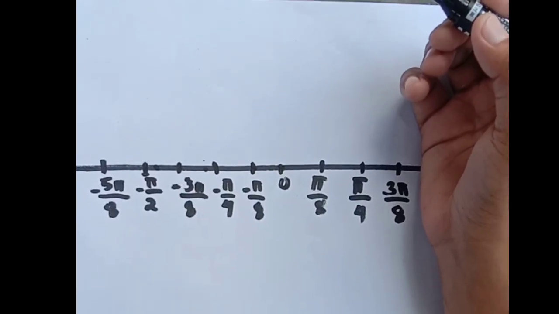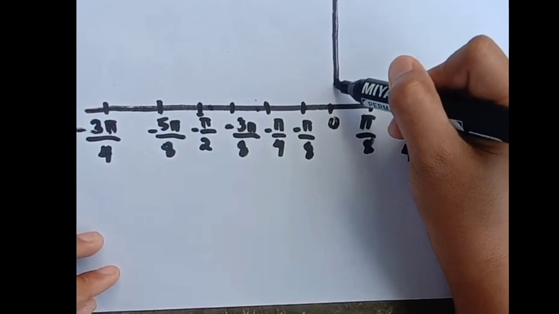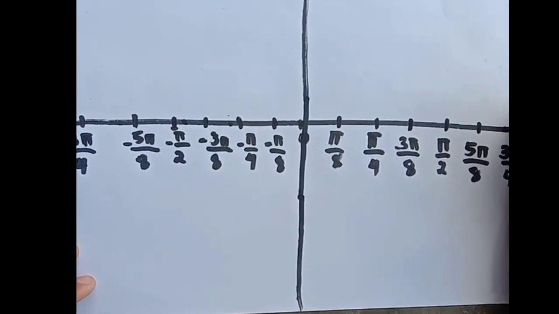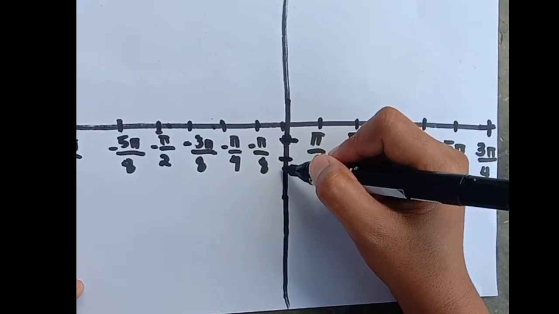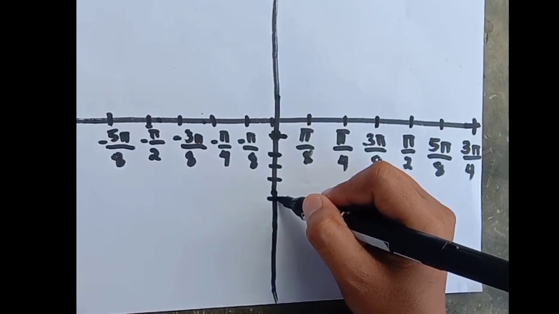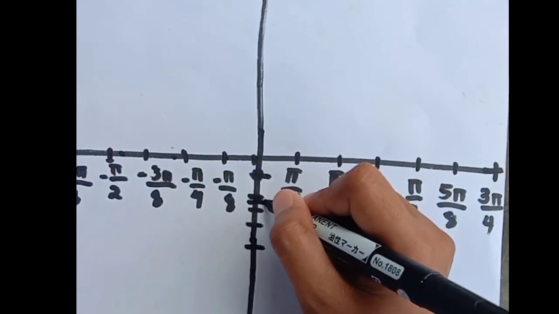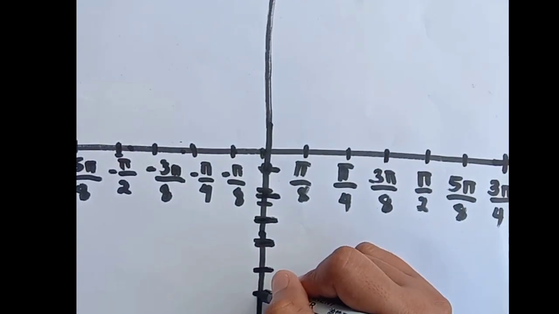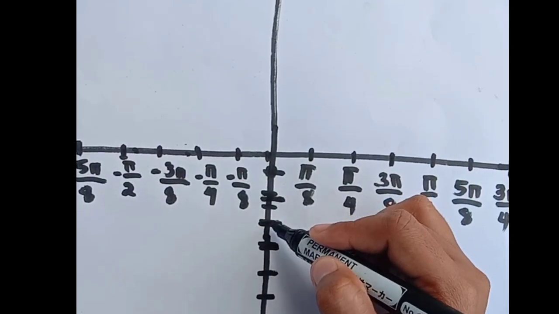Now the vertical shift. So, let's put a line here at the 0, the x-axis. We already know that our vertical shift is negative 4. So 1, 2, 3, 4. These are the big 4. 1, 2, 3, 4.